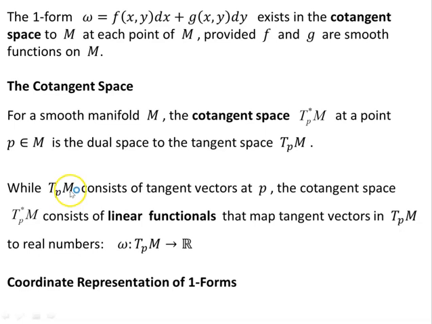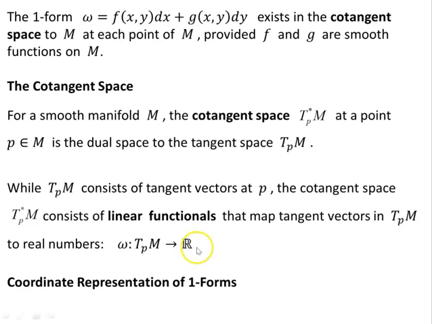While the tangent space to the manifold M at the point P consists of tangent vectors at P, the cotangent space T asterisk M at P consists of linear functionals that map tangent vectors in TPM to the real numbers. So omega is a map from TPM to the reals. That's contained in the first videos: introduction to one forms, gradient as one form, introduction to two forms, introduction to three forms.